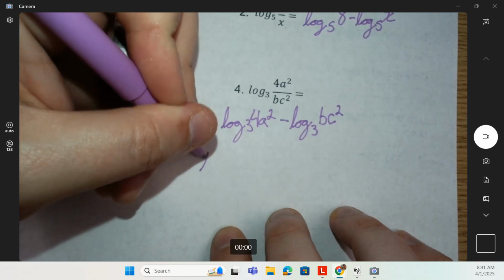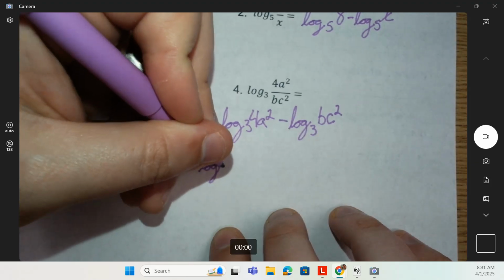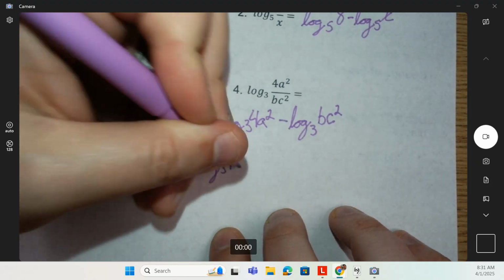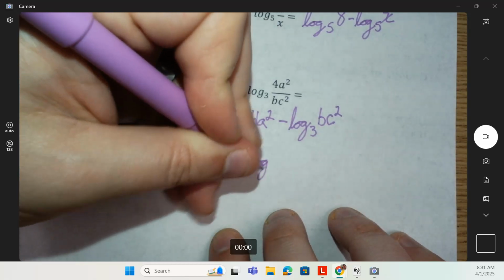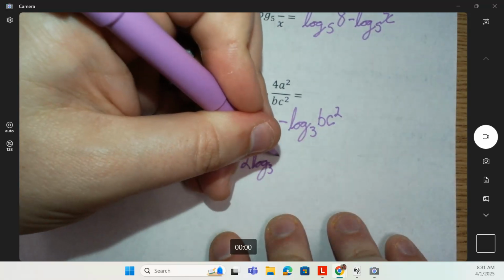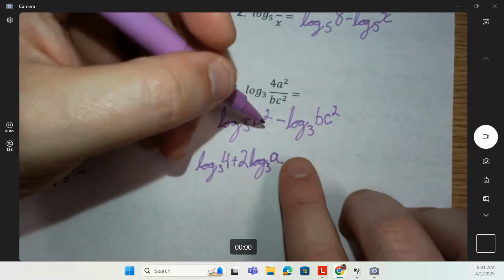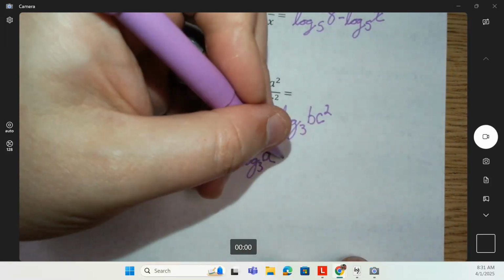So we start out with log 3 of 4 plus 2 times log 3 of a. And now remember, everything here is going to be minus.